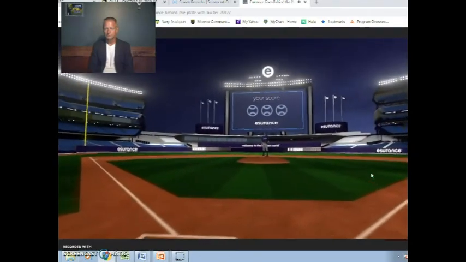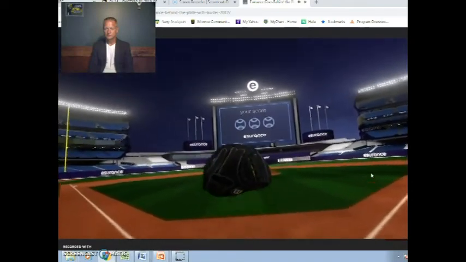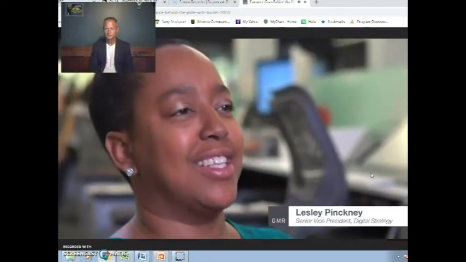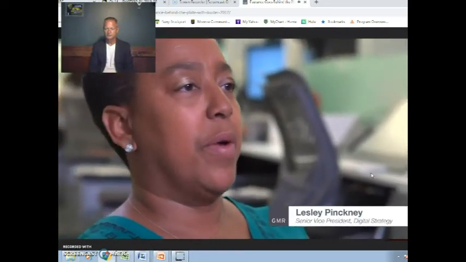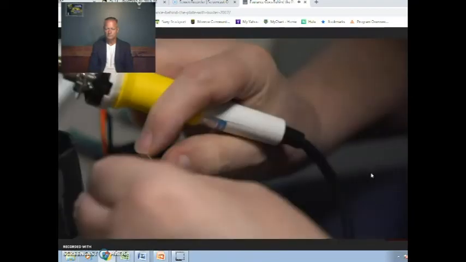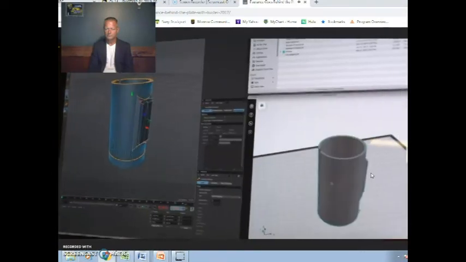But it would have to feel totally real. You'd have to see the entire stadium, feel the ball hitting your mitt, or it wouldn't work at all. There was just one problem. The solution didn't exist. No one had done what we wanted to do. We couldn't just buy the technology off the shelf. We couldn't just reverse engineer something else. We would have to invent the tech to create the experience in-house.